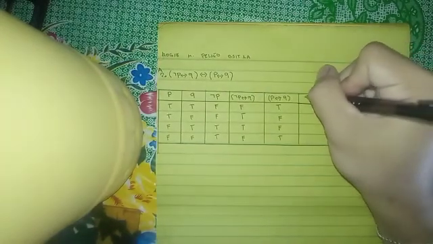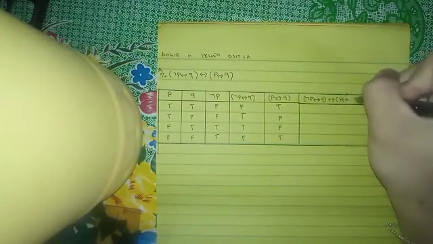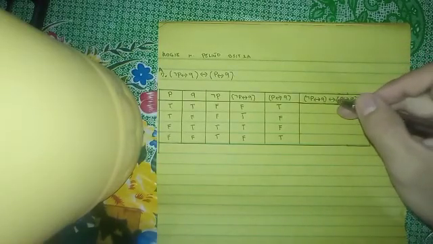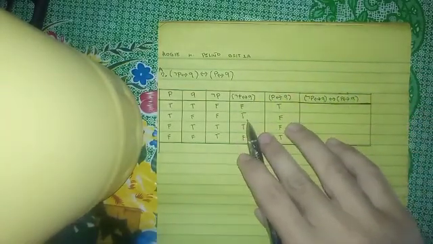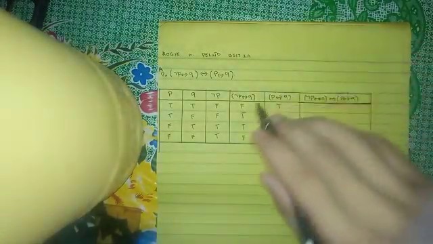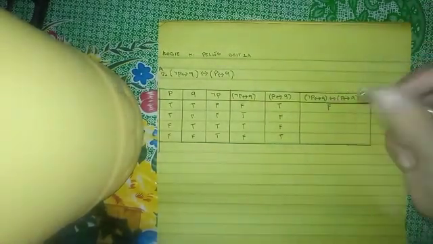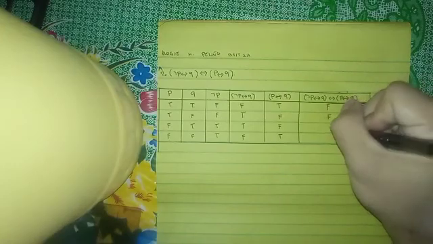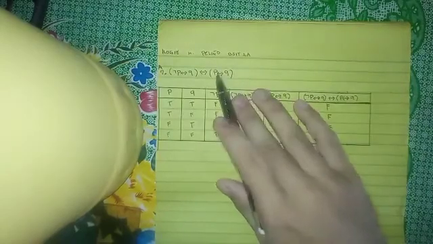You're going to put this parenthesis and P conditional Q. So it's biconditional. We're going to solve this too because the answer is this: false and false because it's not the same, so it's going to be false, and the rest is all true, false, false, true, false. This is the final answer of this problem.